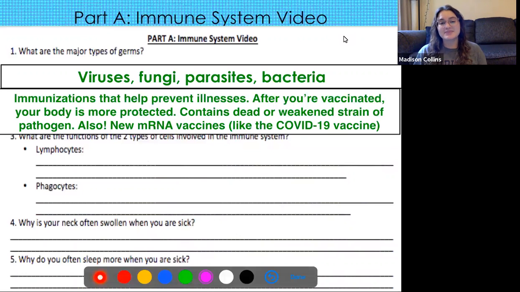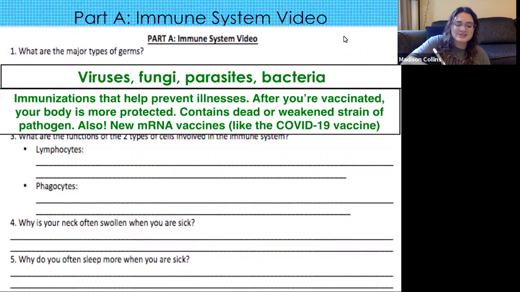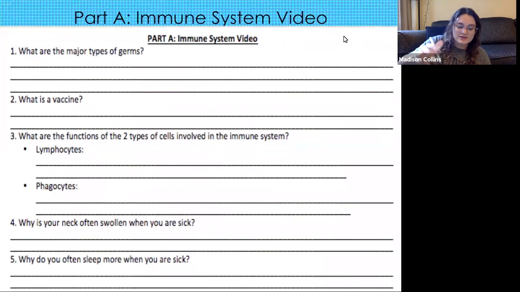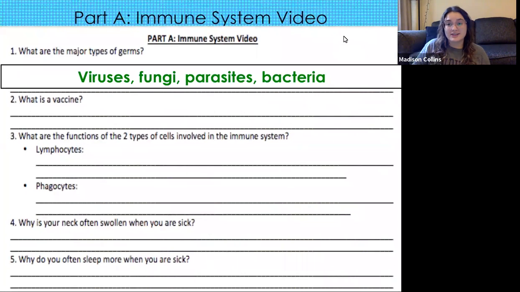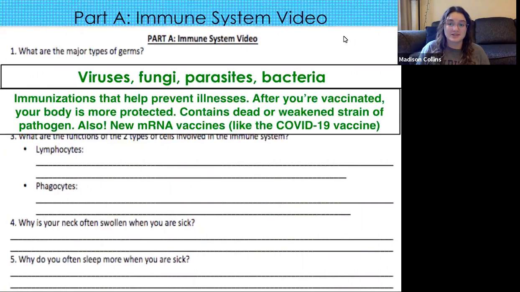And this is something called an mRNA vaccine, which is actually what the COVID-19 vaccine is. And with these new mRNA vaccines, they actually don't contain any virus. They just contain the mRNA, which is basically the instructions needed to protect you from COVID-19 should you ever come in contact with it.